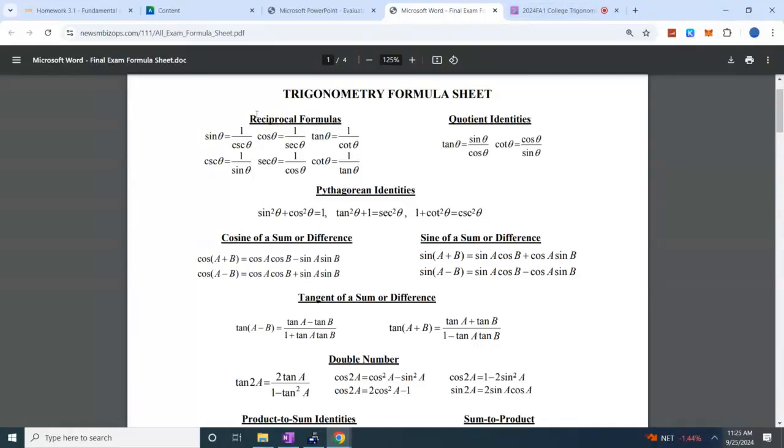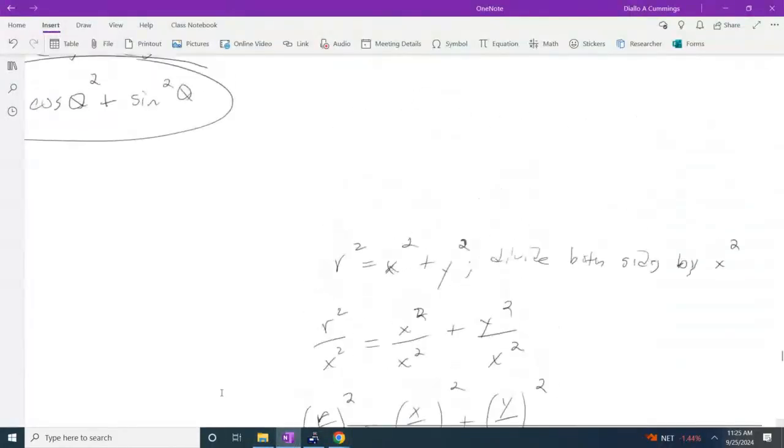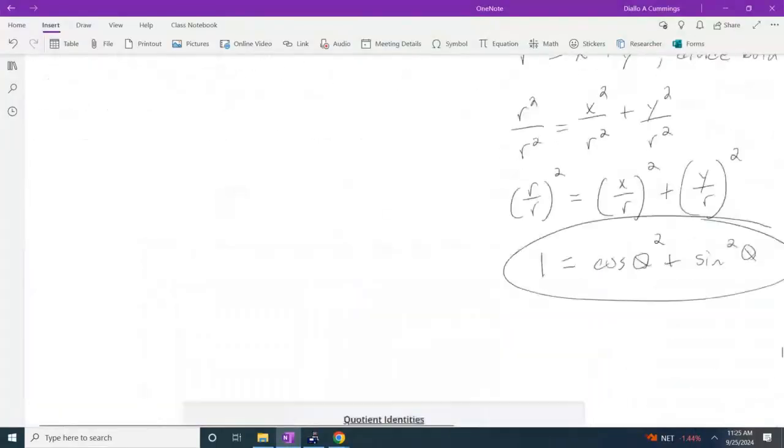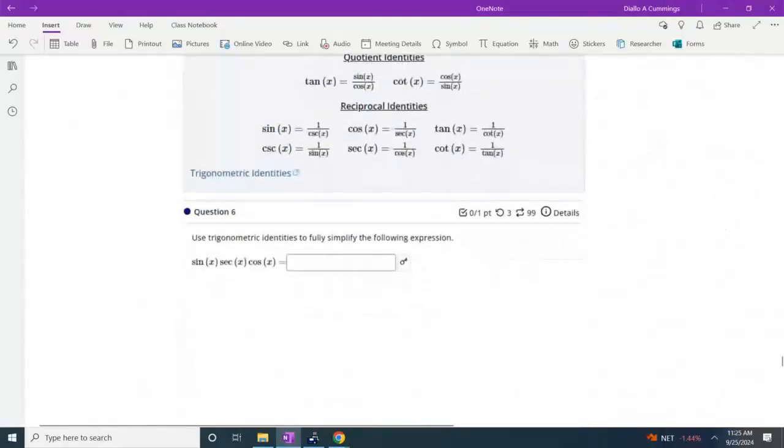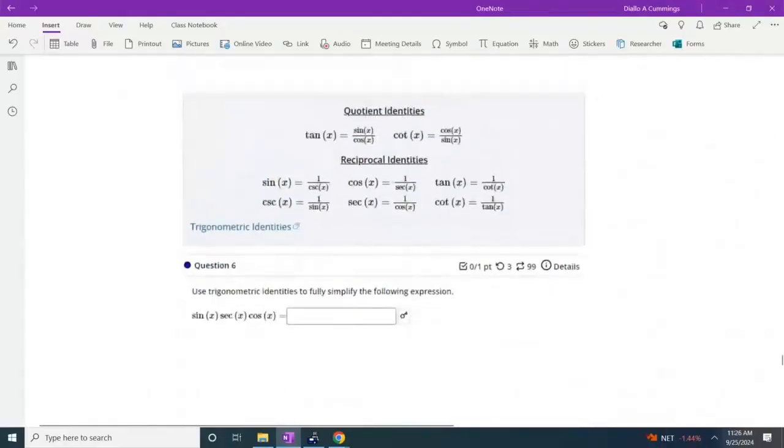All right, so using this first set of identities, we don't really use the Pythagorean theorem too much in this first set, but let's take a look at some questions. I think this is the first one.